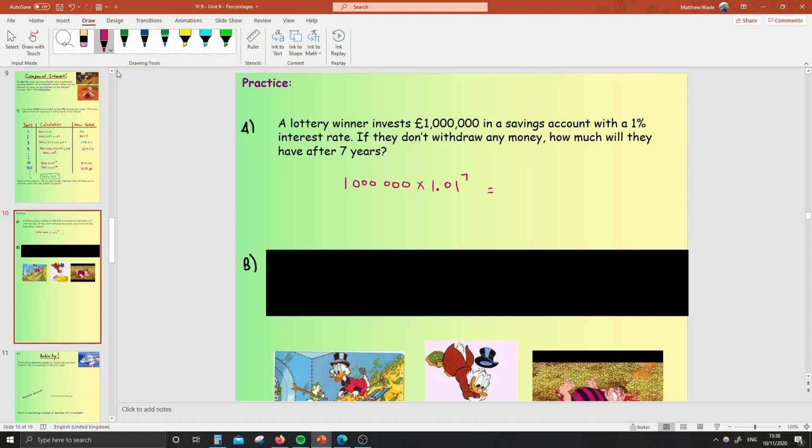Million times 1.01 to the power of 7. And you get 1,072,135, and that's 35 pence.